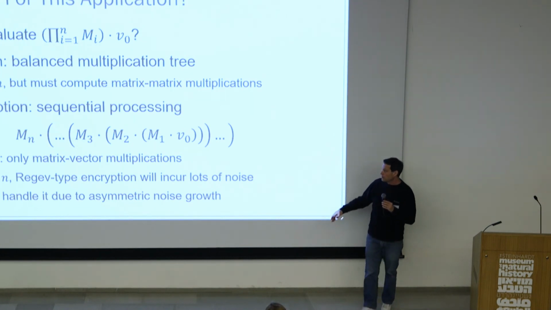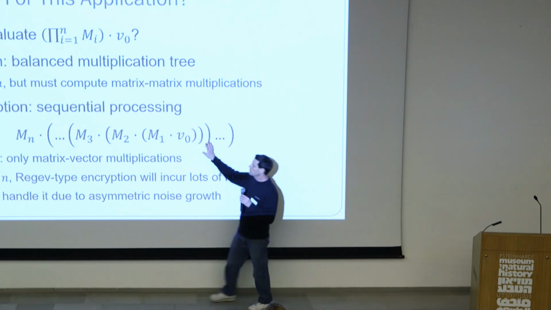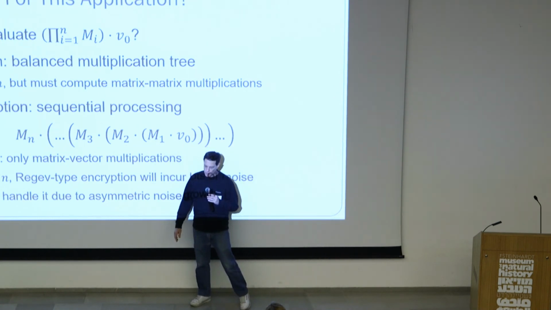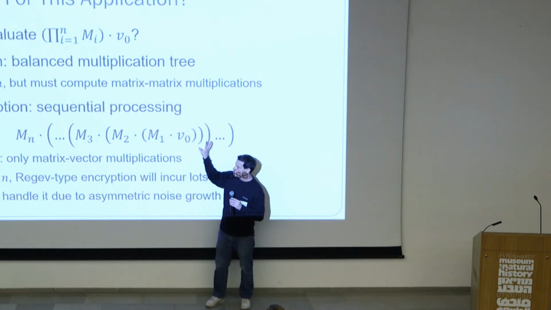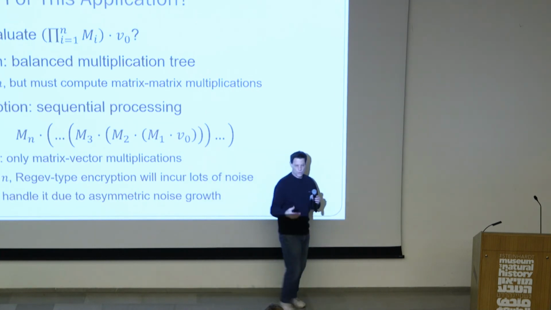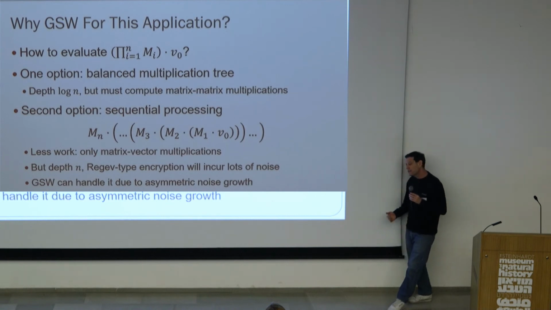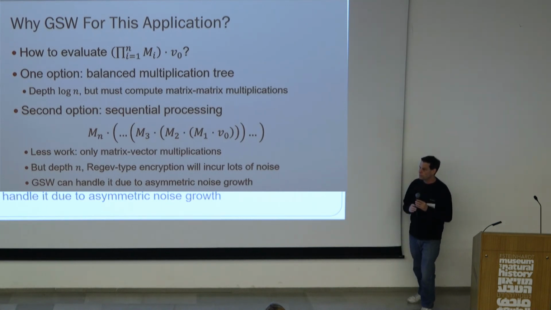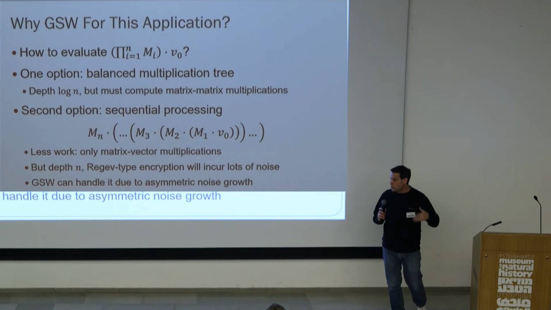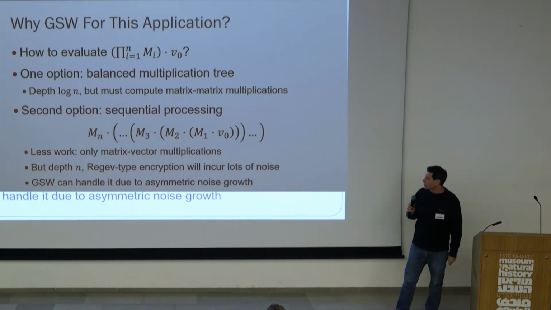GSW, not at all. You can do this non-symmetric noise growth and make sure that the thing you multiplied is always the one that, you just get added noise for every level of multiplication. So you really want a matrix version of GSW. This was our motivation for looking at that problem to begin with.